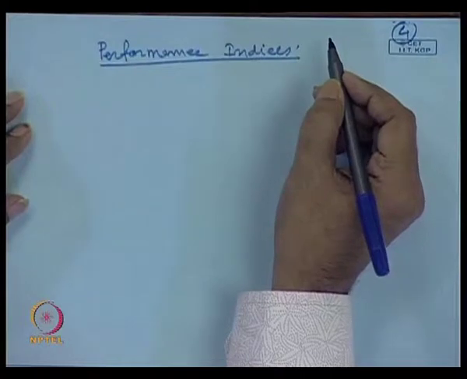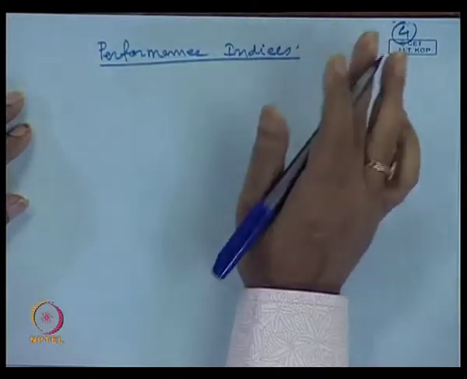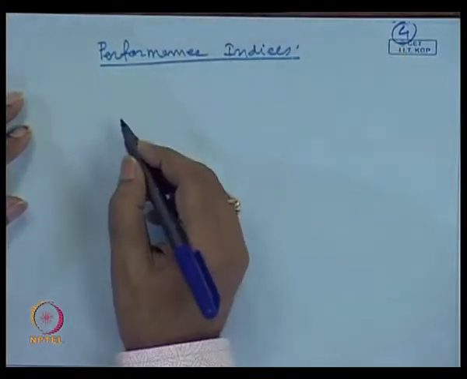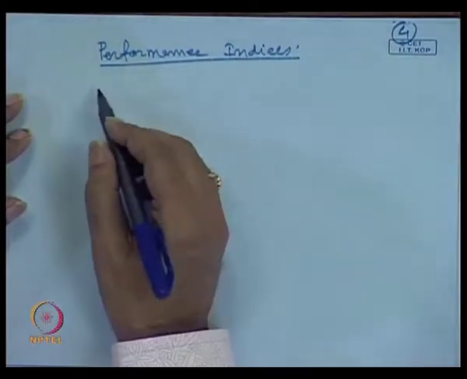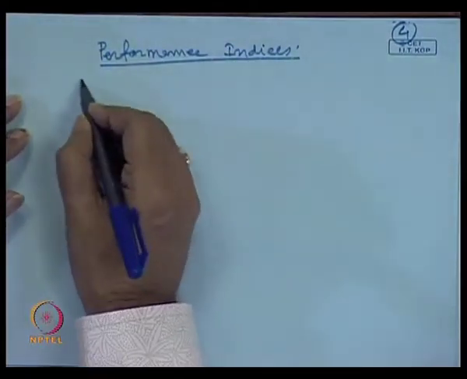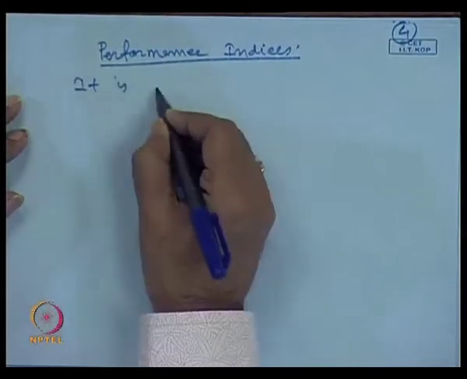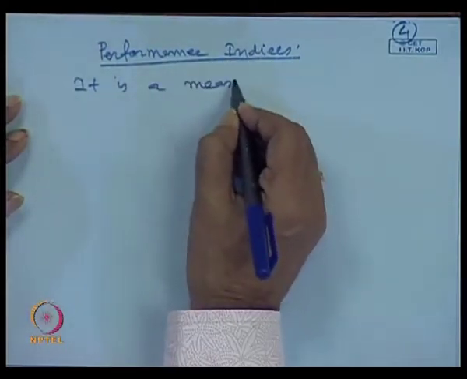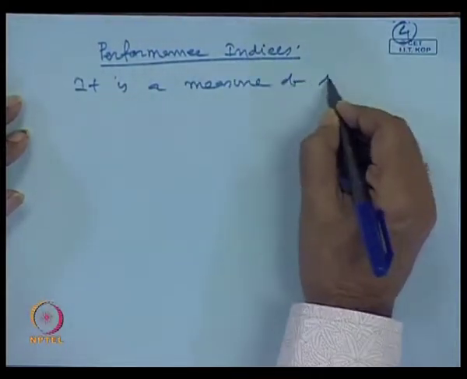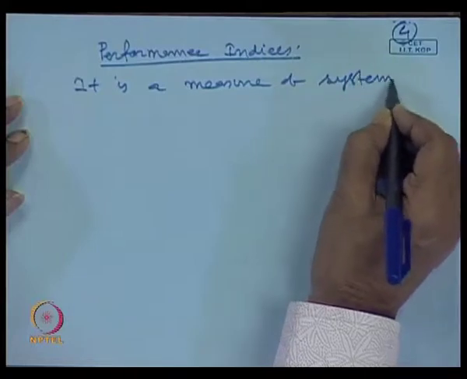A performance index is a measure of system performance. First, suppose our objective, so it is a measure of system performance.